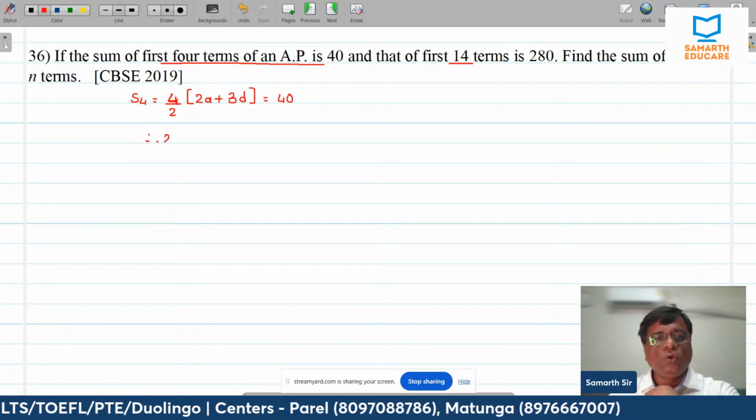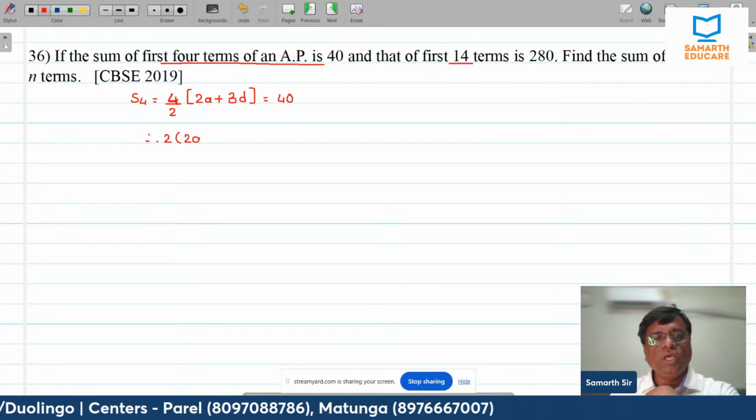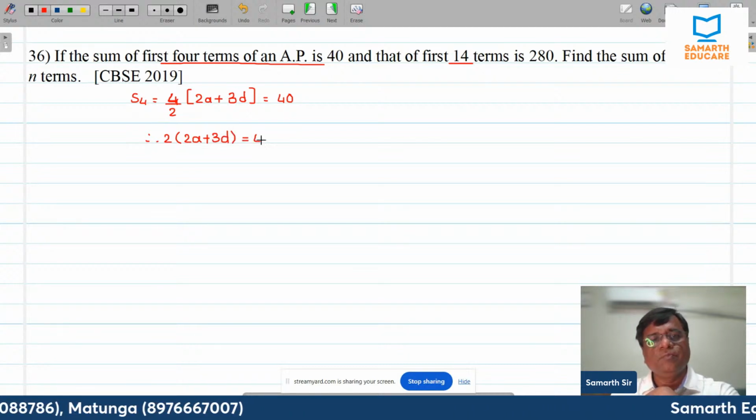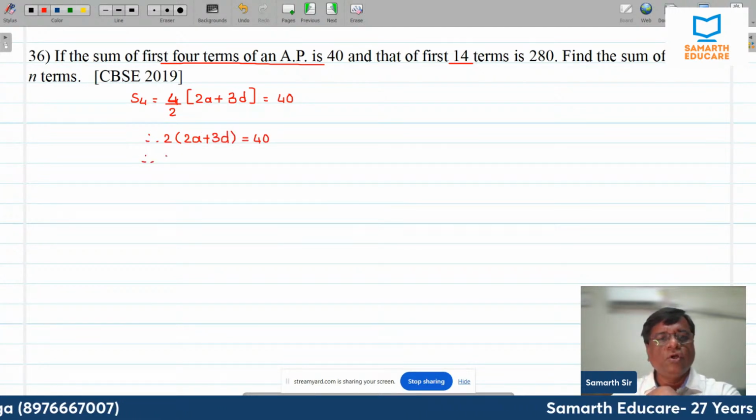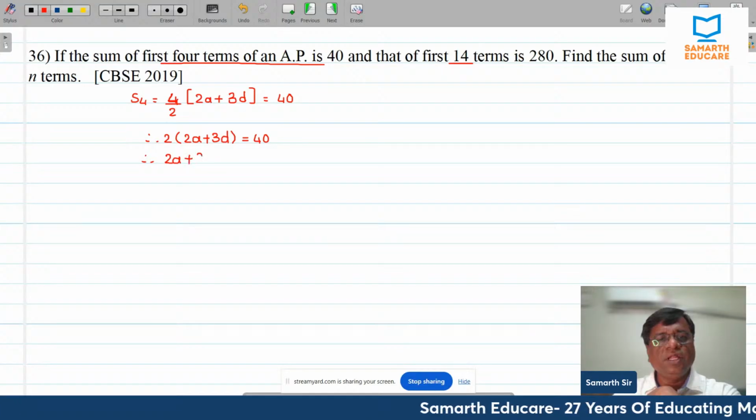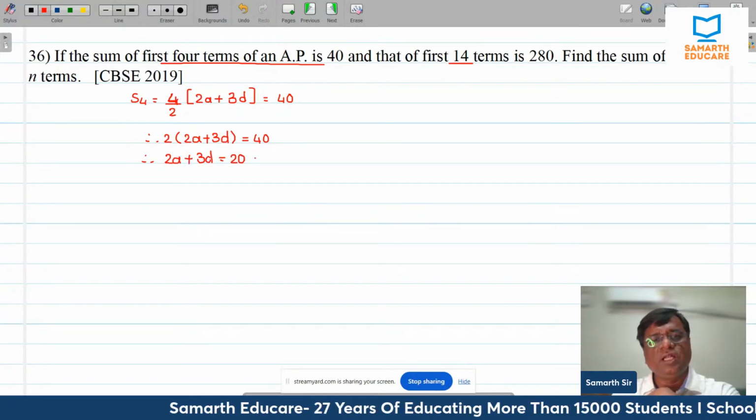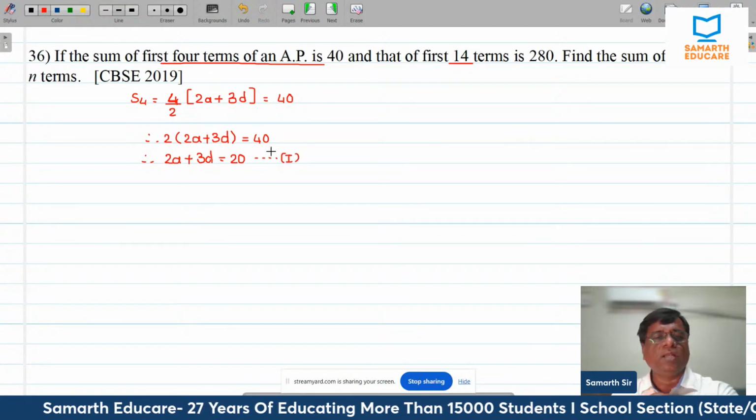That means 2 into 2a plus 3d is equal to 40. So I have 2a plus 3d is equal to 40 divided by 2, that is 20. This is equation number 1.